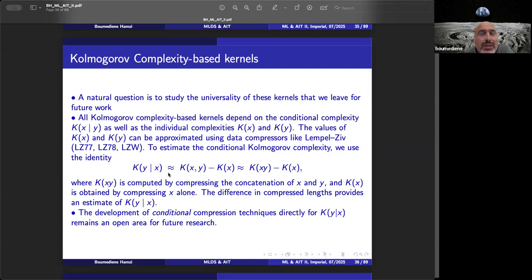In this case, we can use existing approximation of the compressors. But finding good conditional compression techniques for K(Y given X) is still an open problem as far as I understand. So this probably will help in finding good approximations of the kernels.